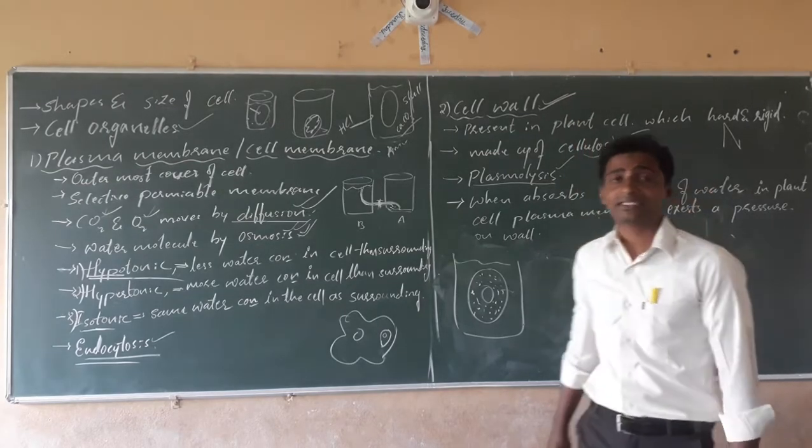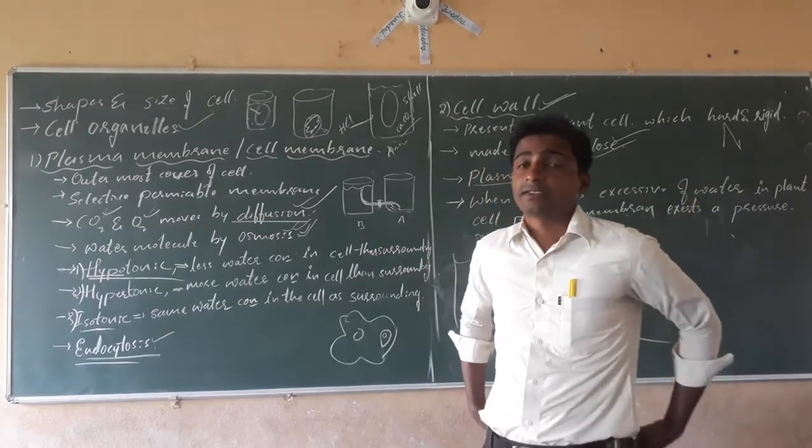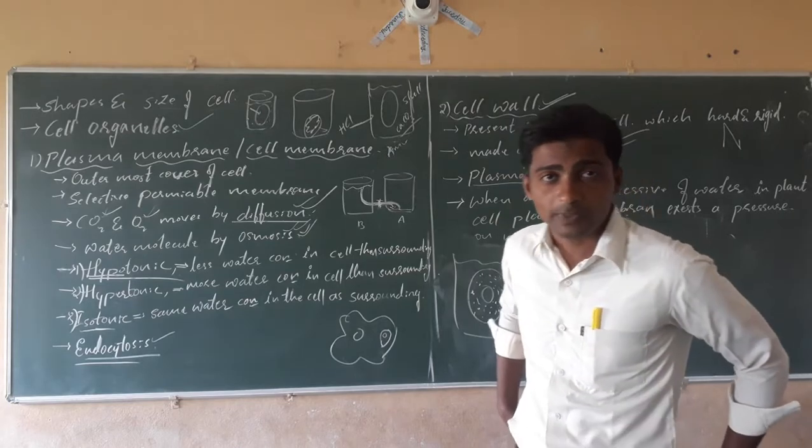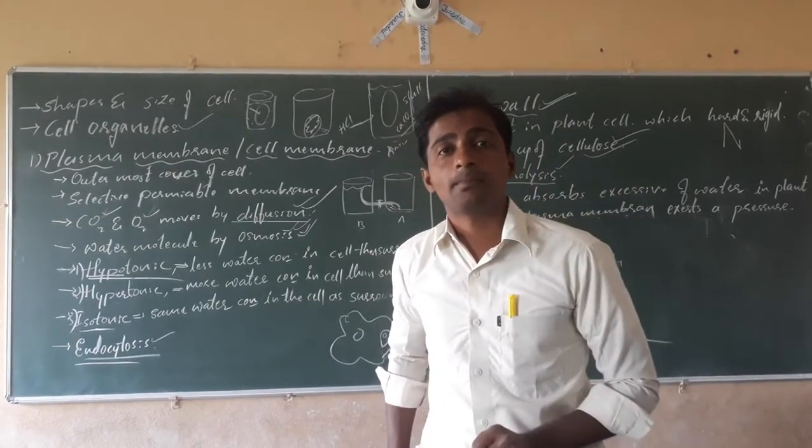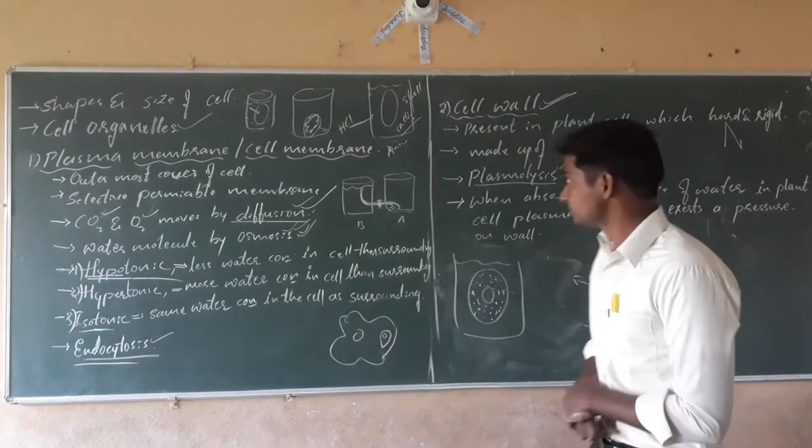It is the main characteristic of the plant cell. The cell wall is not present in animal cells. The cell wall is present mainly in plant cells.